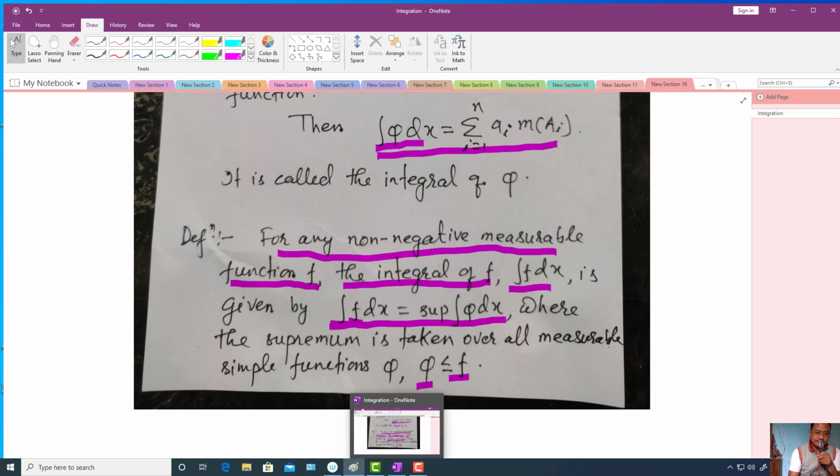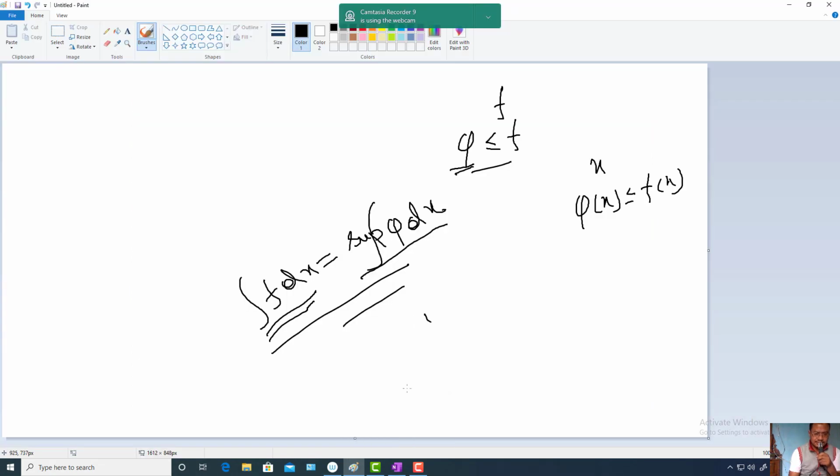Since this is a new idea, I don't want to go to the direct theorem. Try to assimilate the new concept and the new definition, and try to digest it. The last class was a little bit lengthy, so here I don't want to give a theorem.